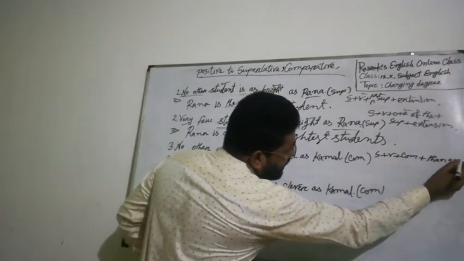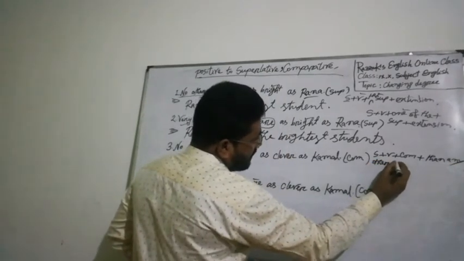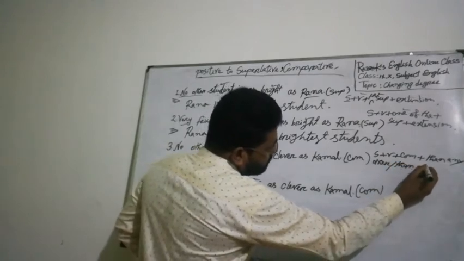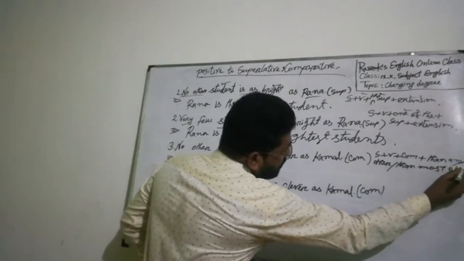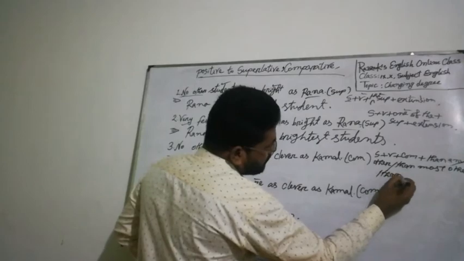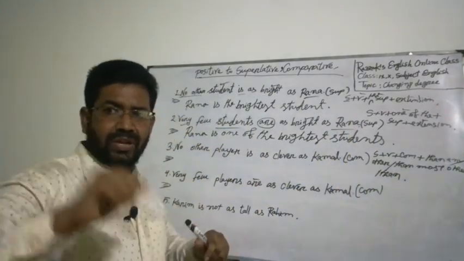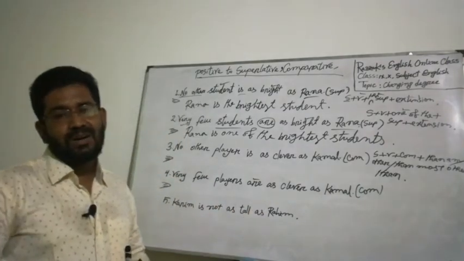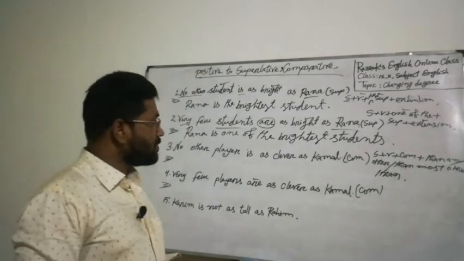then any other or then most other or only then. Dear students, there are 3 rules to make comparative degree from positive degree. Let's see the example.